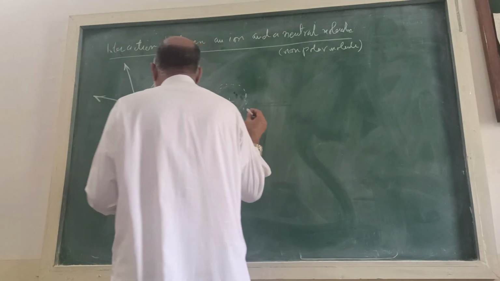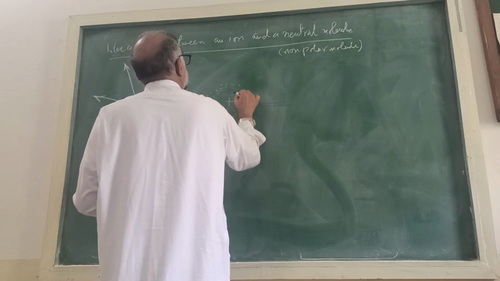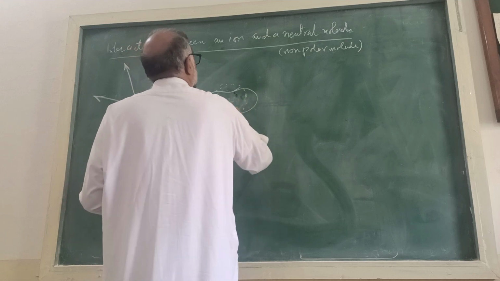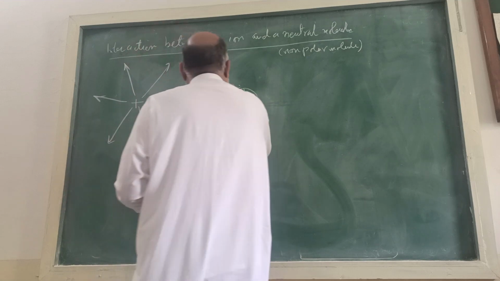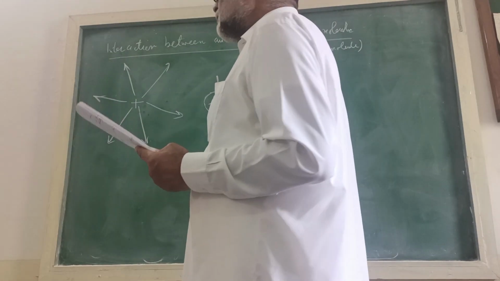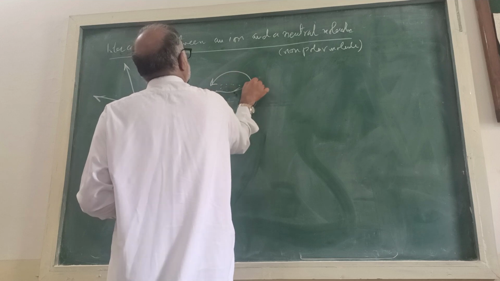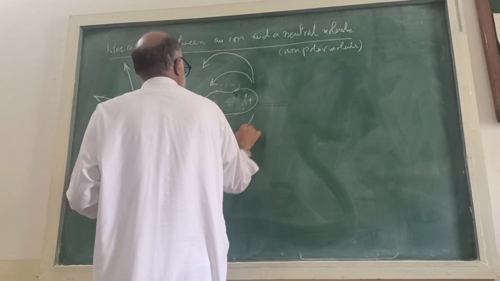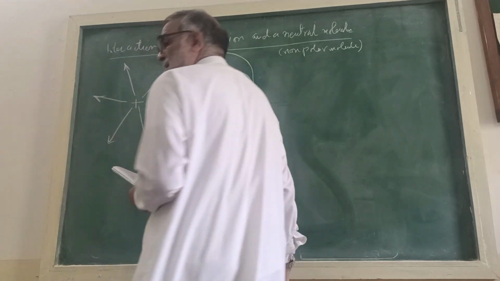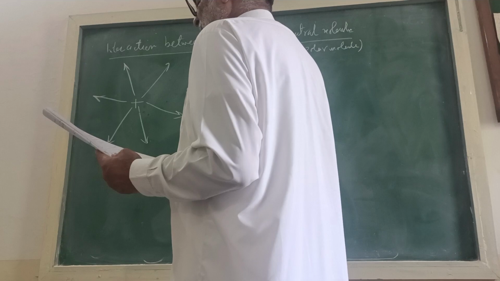So it will be something like this. That will be the positive side, and that will be the negative side, and this will have a field like this.